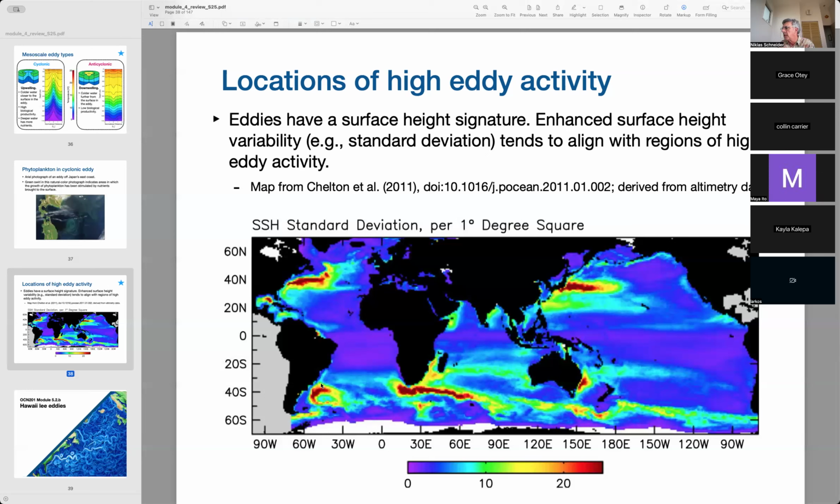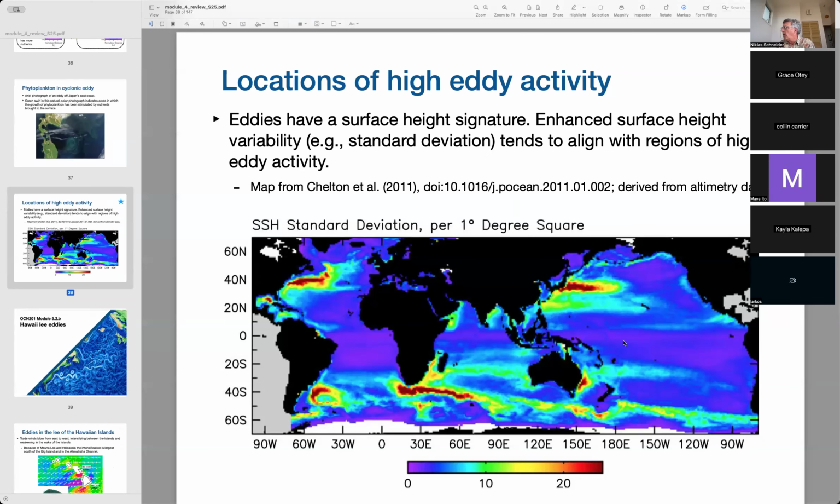This is the Malvinas Current or East Brazil Current, Malvinas Current or Falkland Current, depending where you are from. Or you see that here in the East Australian Current. So these western boundary currents are associated with enhanced variability of eddies.